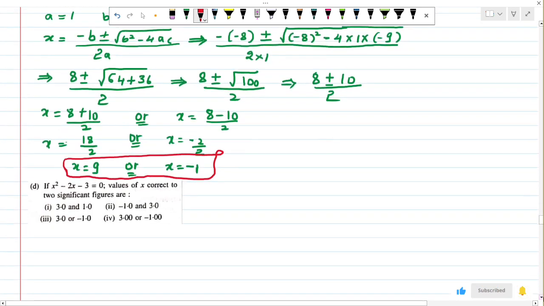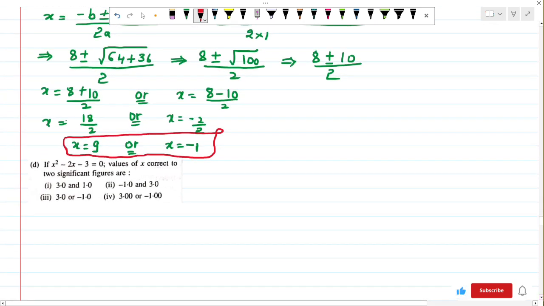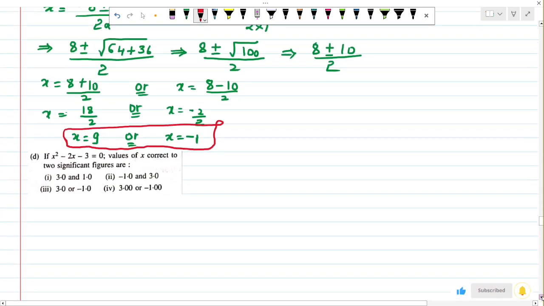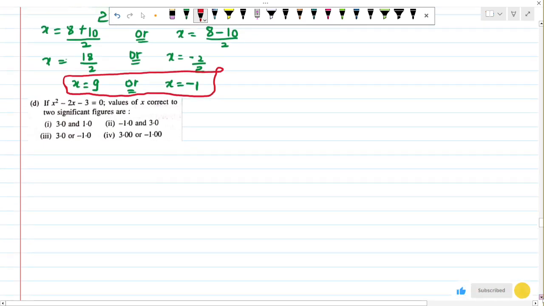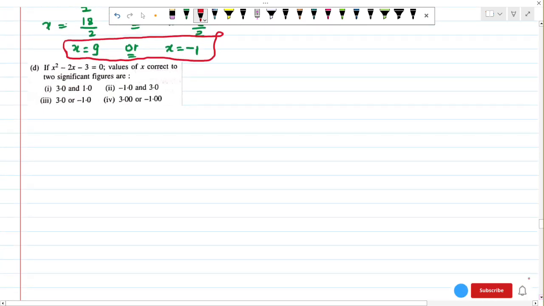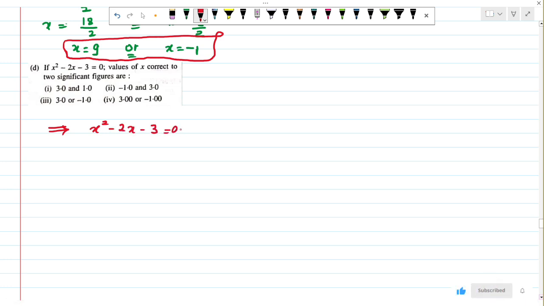So next one is the fourth question. If x square minus 2x minus 3 is equal to 0, find the value of x corrected to two significant figures. Again, I'll write it as x square minus 2x minus 3 is equal to 0.